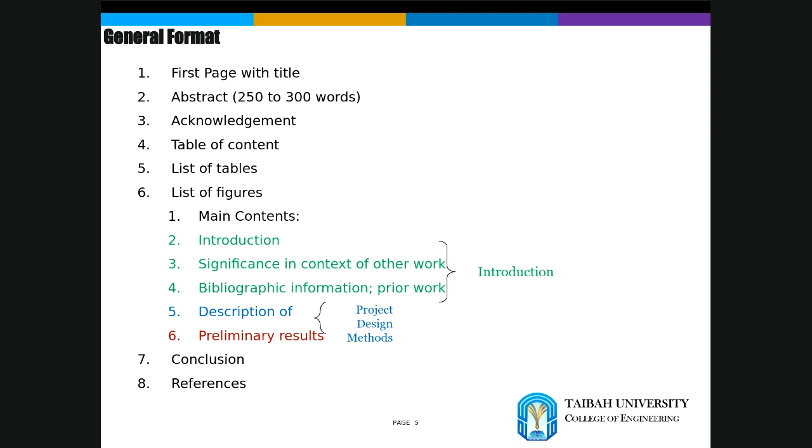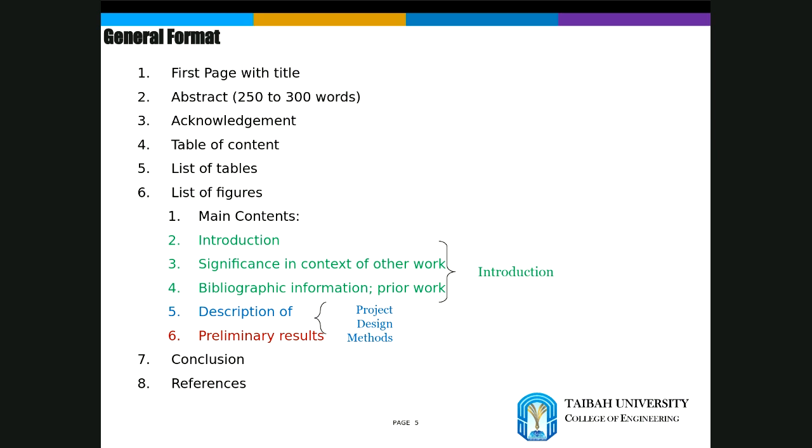Usually the main body starts with the first chapter, the introduction. In this introduction, which I colored as numbers 2 to 4, you start with general information about your topic. You give some credit to the previous work, what others have done, so it should be included in that chapter.